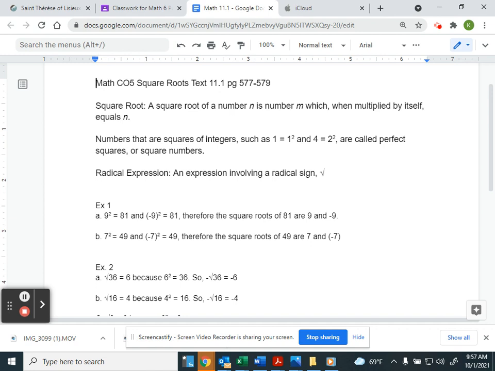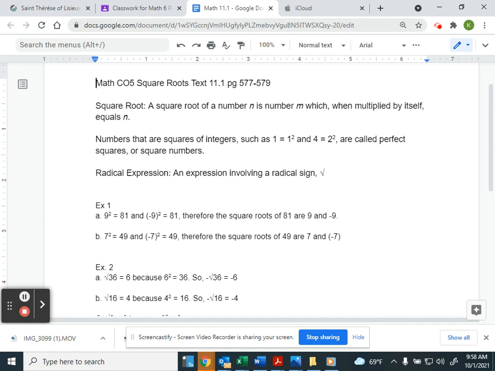So that goes to your question about what if it's a negative number. Sorry, it was Will. So 7 squared equals 49, and negative 7 squared equals 49. Therefore, the square roots of 49 are both the positive and the negative 7.